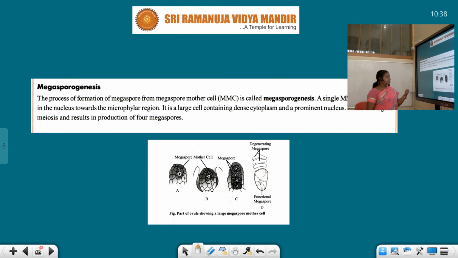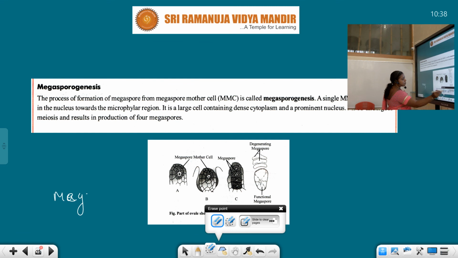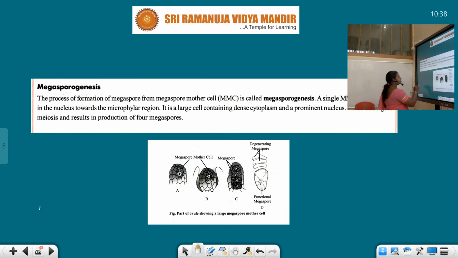Now it is megasporogenesis. The process of formation of megaspore from the megaspore mother cell is known as what, students? Megasporogenesis. The process of the formation of megaspore from MMC.